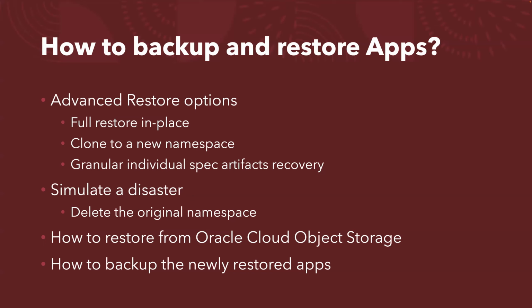Once we remove all of the settings and delete the whole namespace, I will show you how to recover from our Oracle Cloud Object Storage. And once the restore finishes, I can show you how to back up the newly restored application. So you might want to restore to a new namespace. In this case, I will show you how to restore to a new namespace. And once the restore finishes, I will show you how to back up the newly restored application.